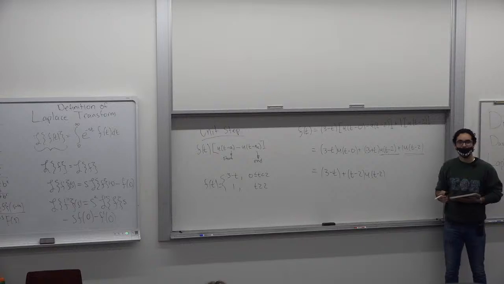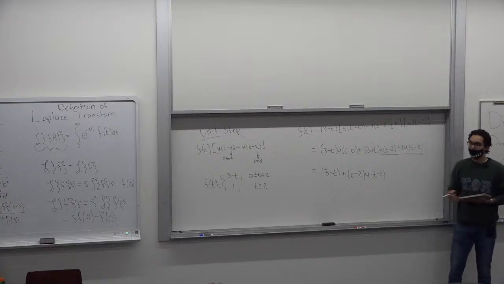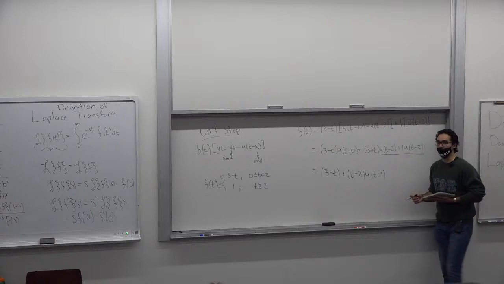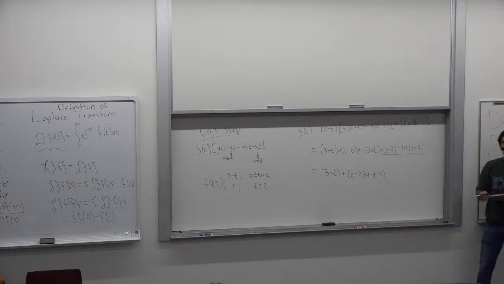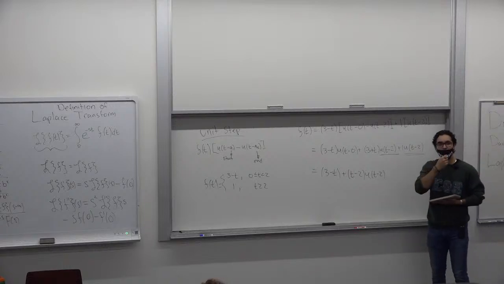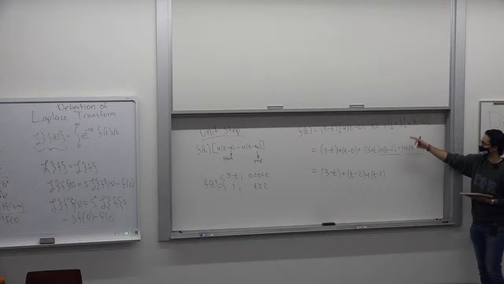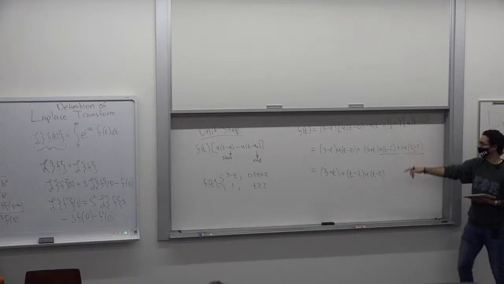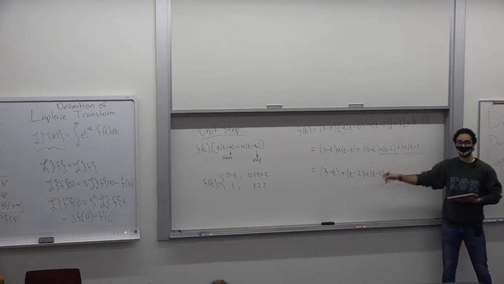All right? I'll give you guys a few more seconds to copy. This term is just 1, so I factored out 1. I did negative 3 plus 1 is negative 2.